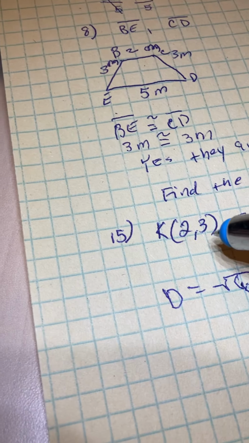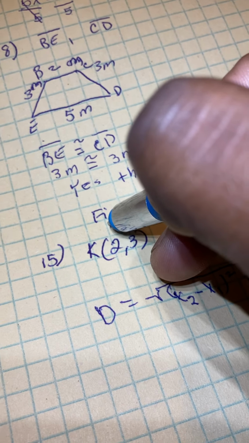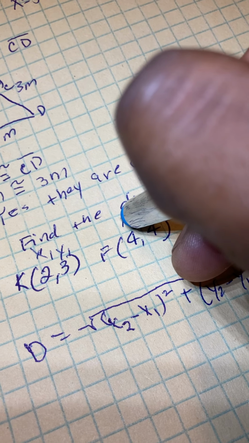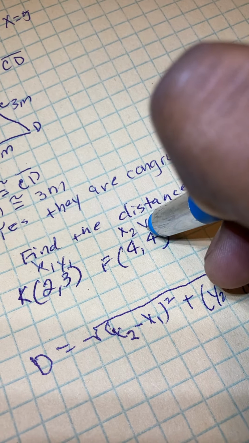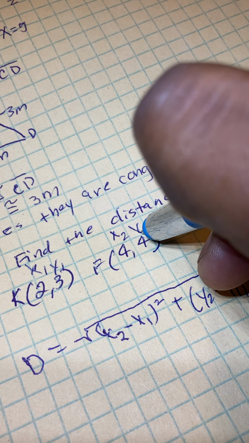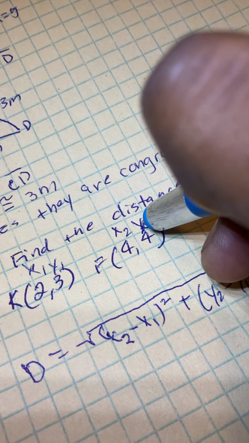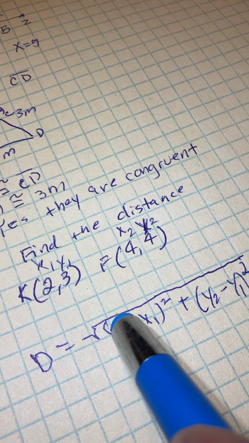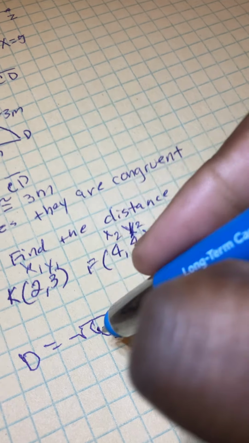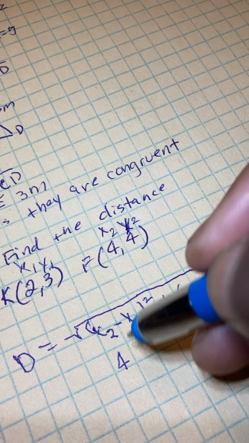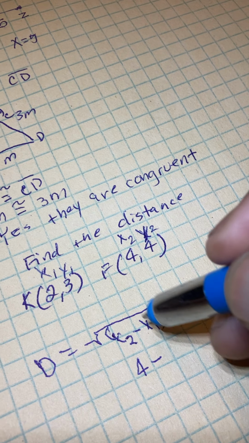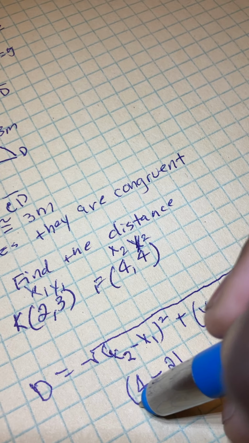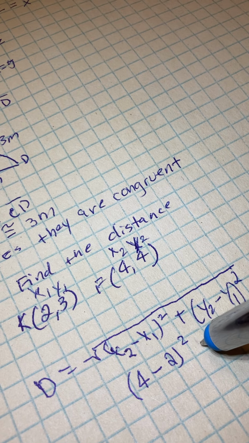Now, what you want to do, you want to label these. This is x1, y1. This is x2, y2. That's a y, not an x. And so once you label these, just plug them in here. x2 is 4. Bring that minus down. x1 is 2. I square that. Bring that plus sign down.